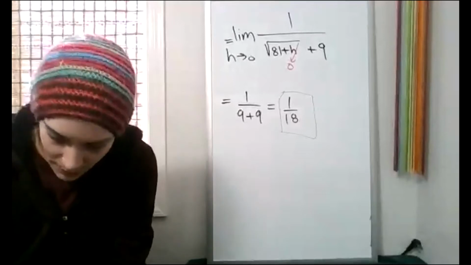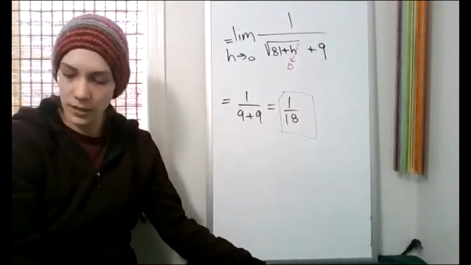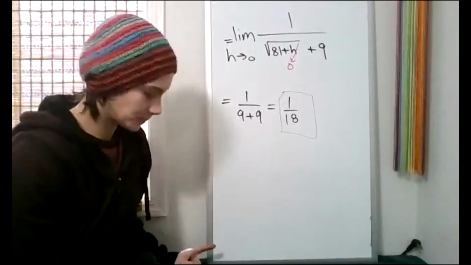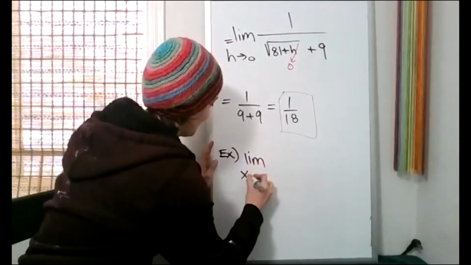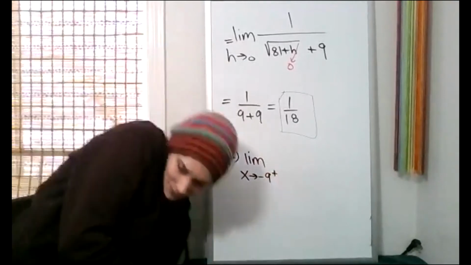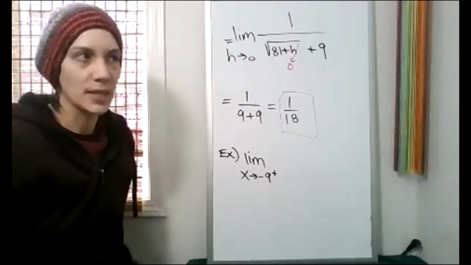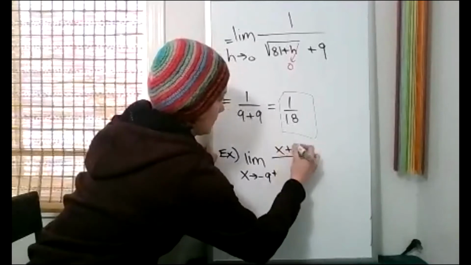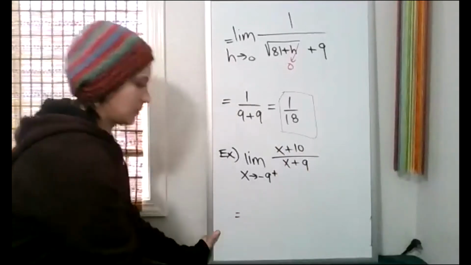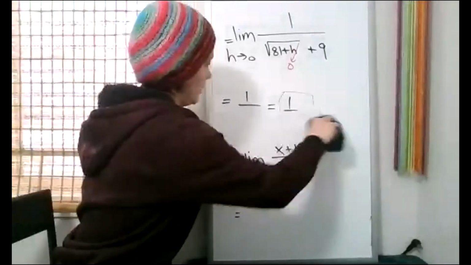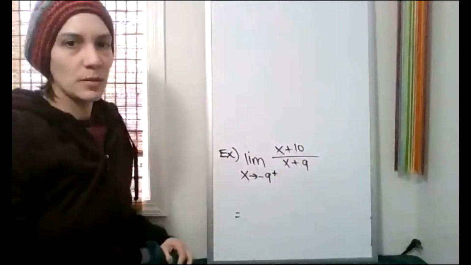Okay, let's try this other one. We do the limit as x goes to negative 9 from the right of x plus 10 over x plus 9. So this isn't one of those problems where there's 0 over 0.